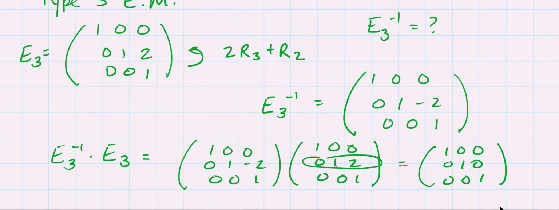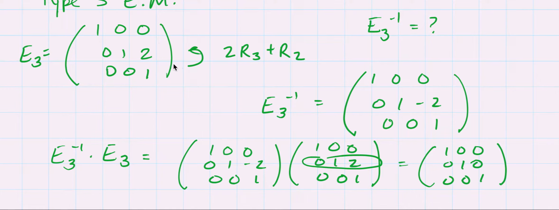Okay, so it turns out that all elementary matrices are invertible, and if it's a type 1 elementary matrix, the inverse is a type 1. If it's a type 2 elementary matrix, the inverse is type 2, and if it's a type 3, the inverse is a type 3. And you can see that for any type 3 elementary matrix.